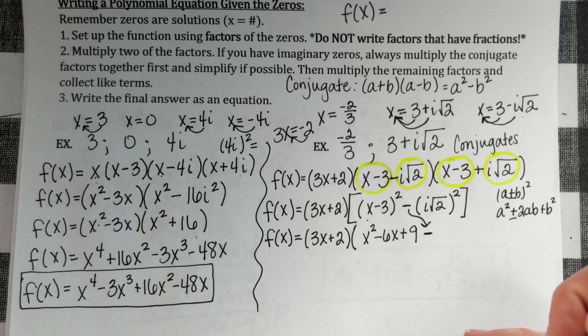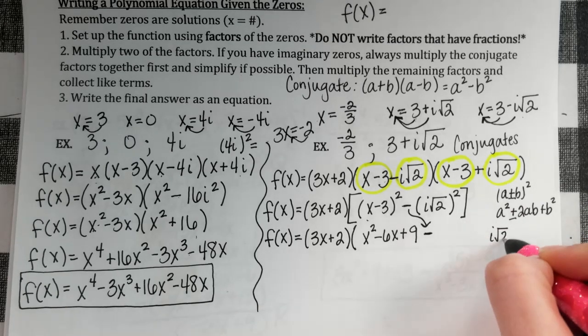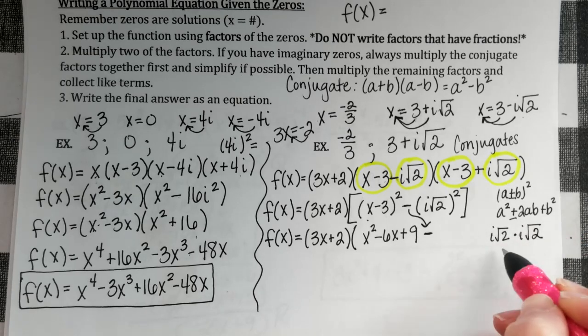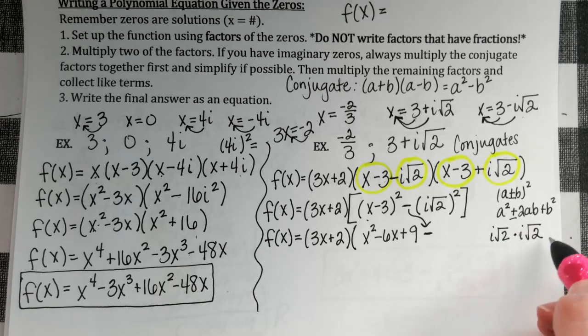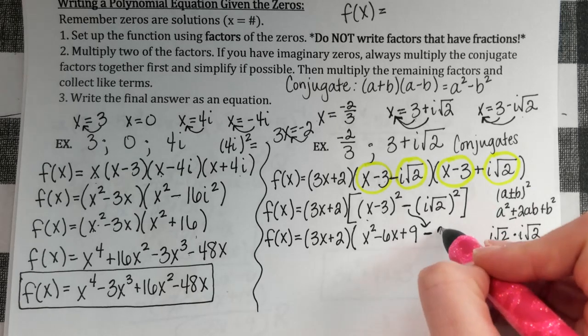Don't miss that. If I take i square root of 2 and I square it, that means I'm multiplying it by itself. Some of you might have to actually write it multiplied by itself to see what's happening. Square root of 2 times square root of 2 is what? 2.